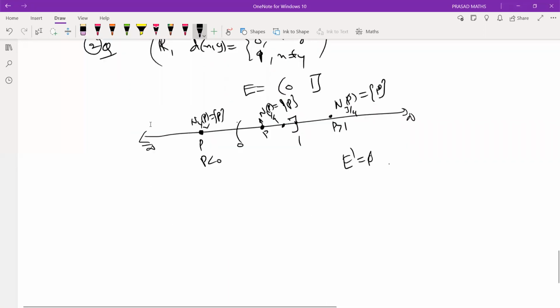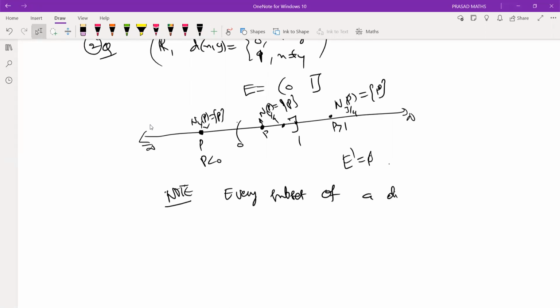Therefore, that means every subset of a discrete metric space has no limit points.